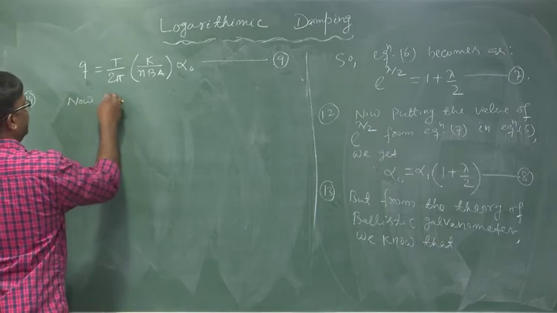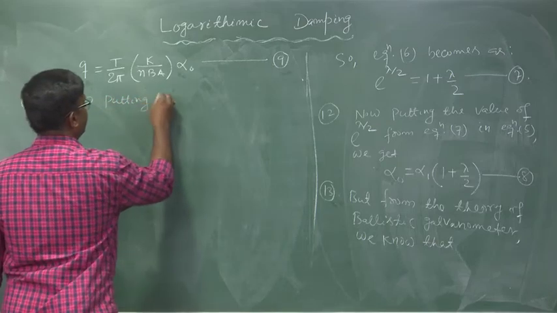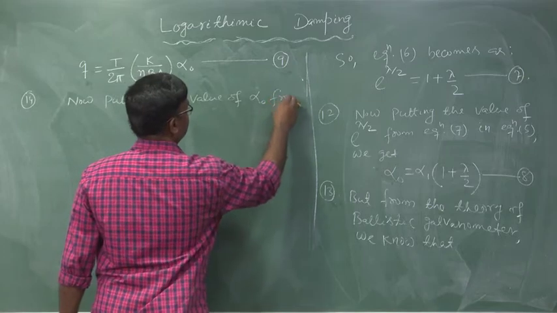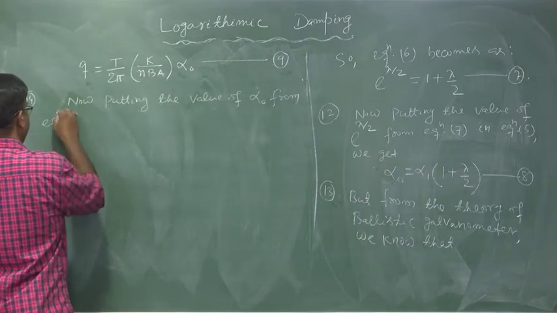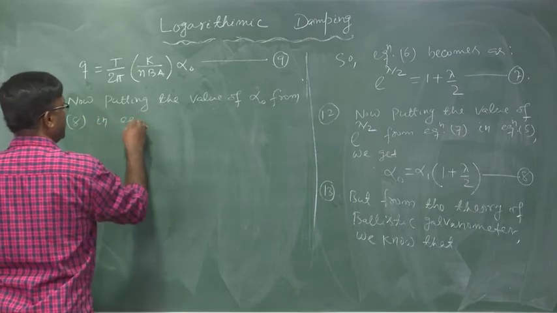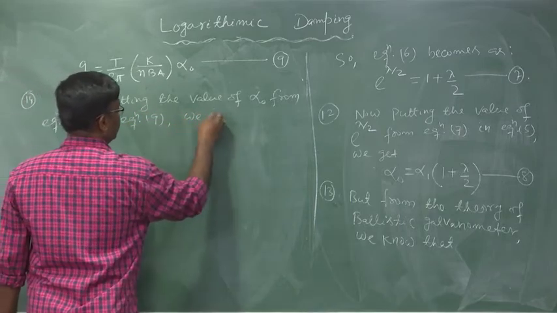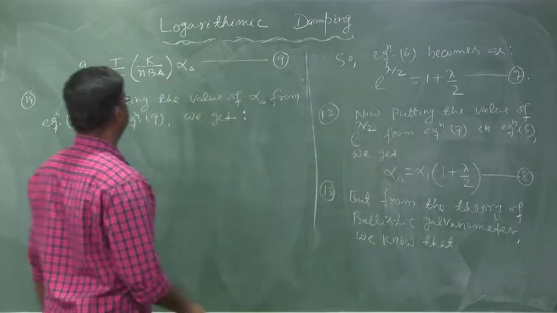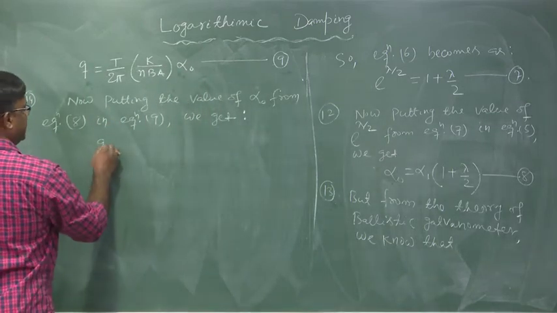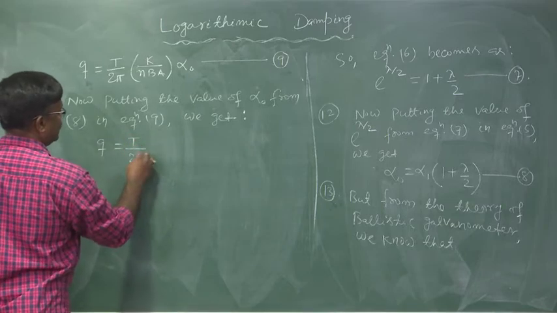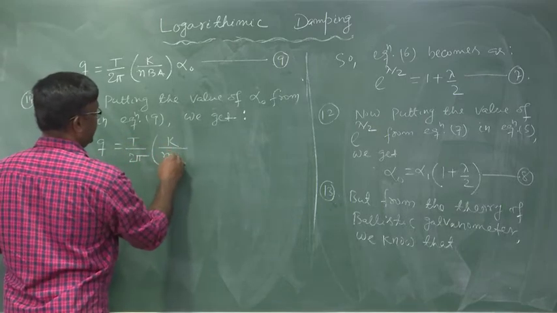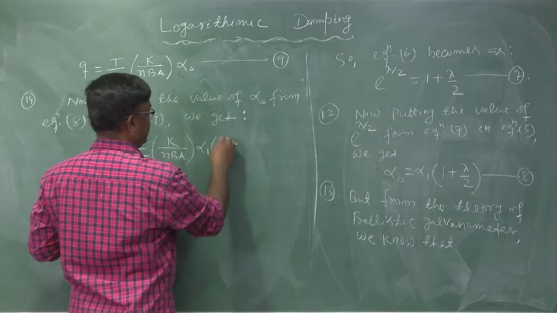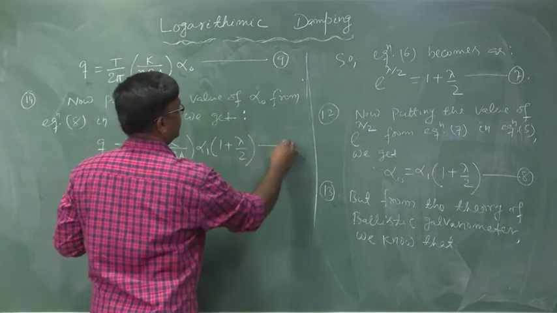Q equal to T by 2 pi into K by NBA into, in place of alpha it will be alpha 1, into 1 plus lambda by 2.